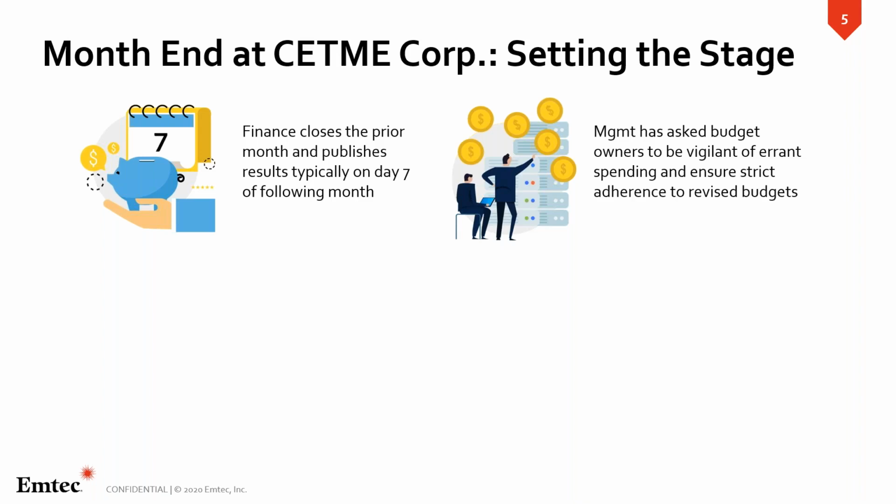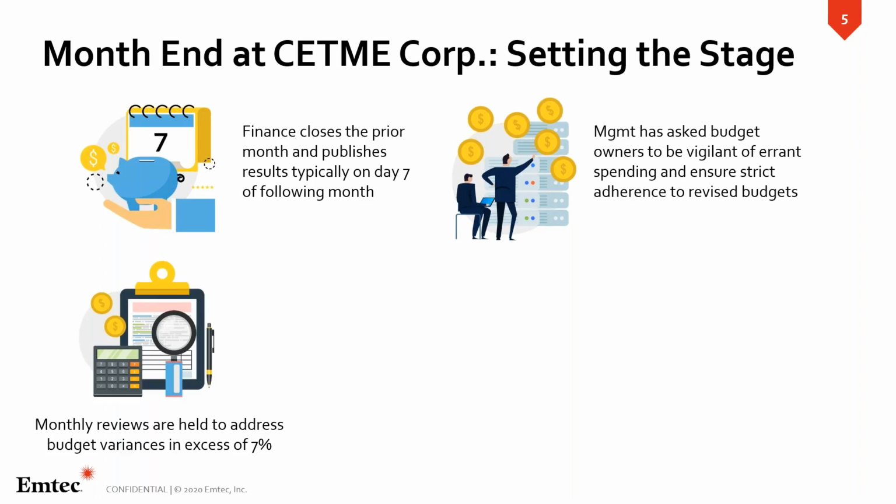And the fact that companies are now asking their department managers and budget owners to really stick to those numbers, or at least be in a position to quickly identify where changes are needed, that's key.